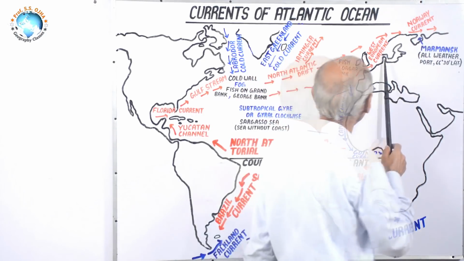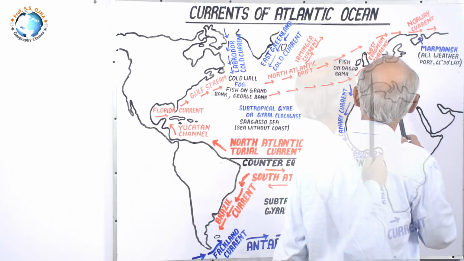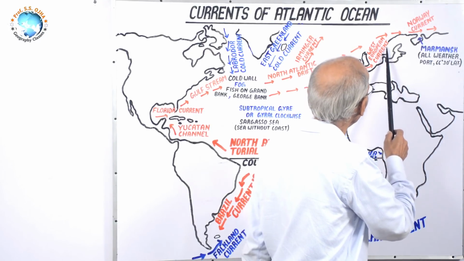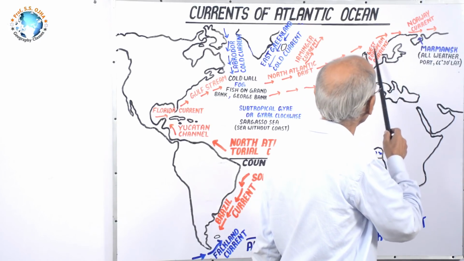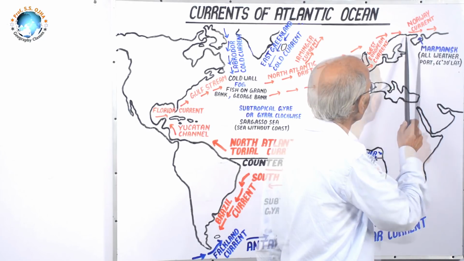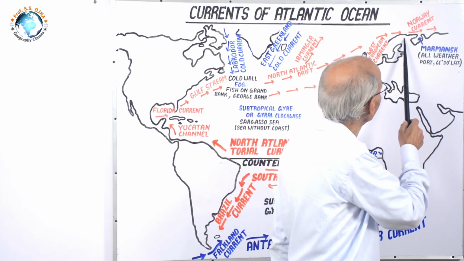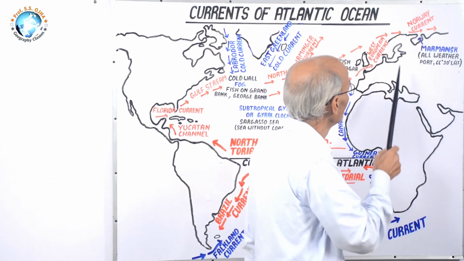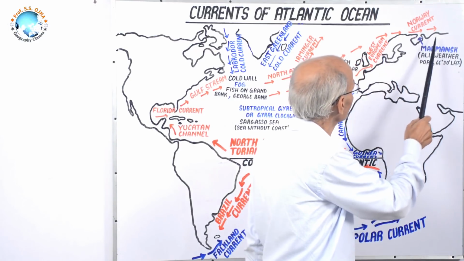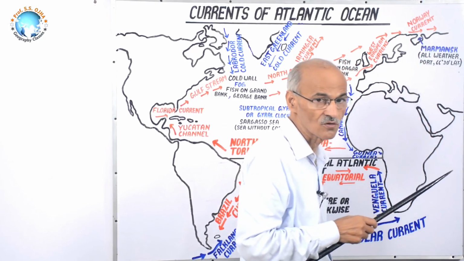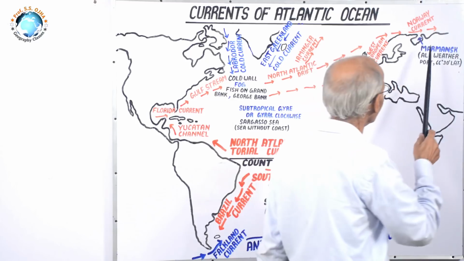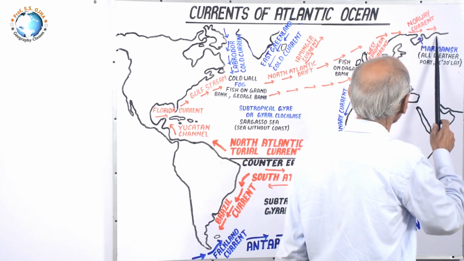Now it proceeds northward, and here it is called the West European Current, again moving toward the north, carrying warm water to the north coast of Scandinavia. This is called the Norwegian Current, and this keeps the water of the north coast of Europe warmer. Here there is one port, Murmansk port.